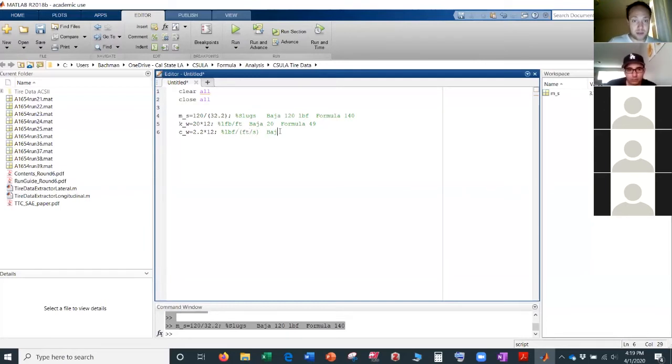So Baja, we had 2.2. And formula, what do you have here? 2.3. Okay, and then we have our mass unsprung, which we'll say is 20 divided by 32.2.